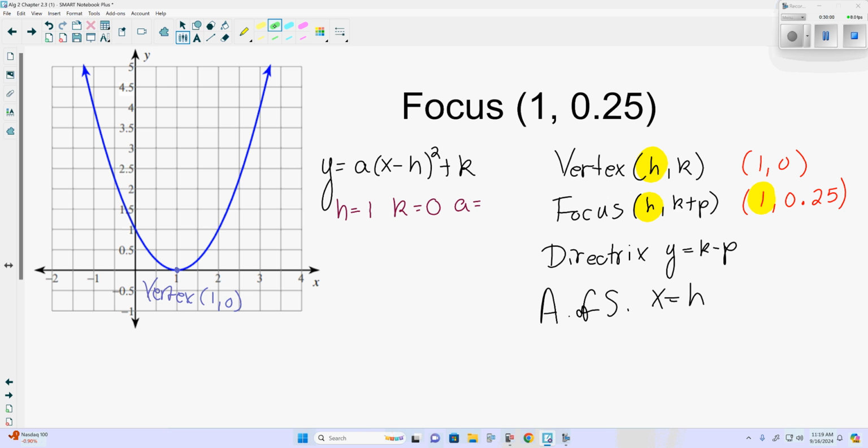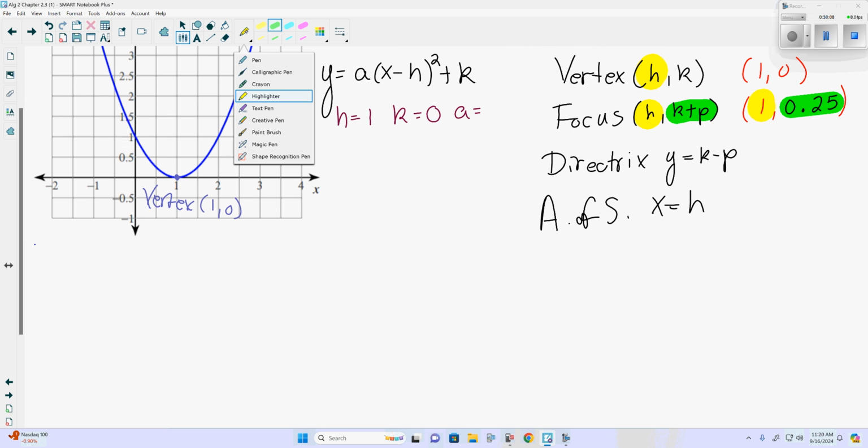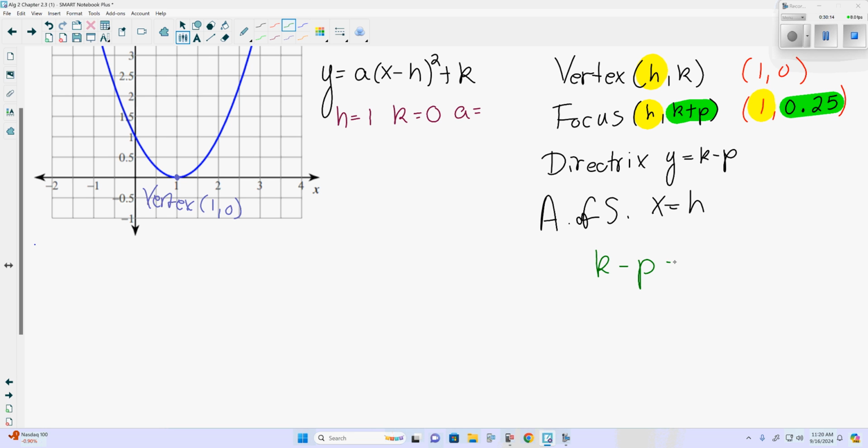It also tells us that k plus p is our 0.25. So our k plus p is equal to 0.25. Do we know the value of k?